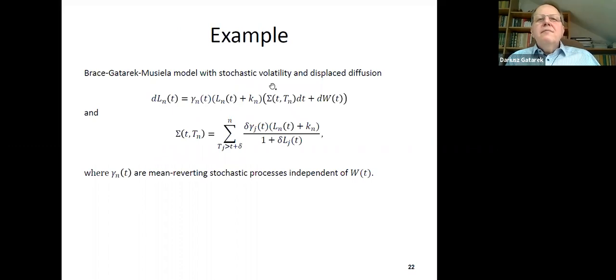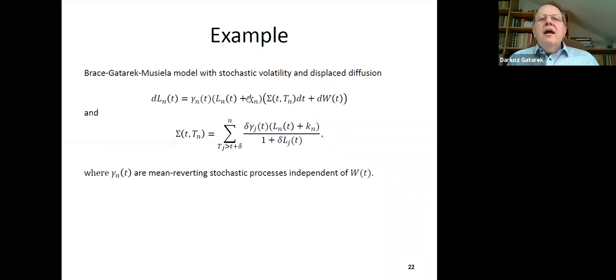Of course, gamma may be a stochastic process. And for L, we may introduce constant elasticity of variance or displacement. And we will get some option prices which will be consistent with the market quotes or not.